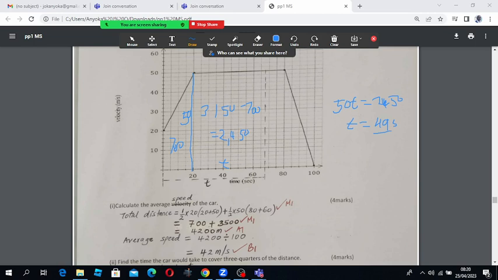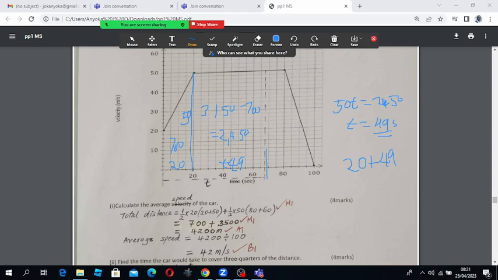Yes, 49 seconds. So we want the total time taken to cover 3/4 of the journey. 3/4 of the distance would be covered by 20 plus 49, because there is the first one, which is 20. So 3/4 of 4200 is our target.